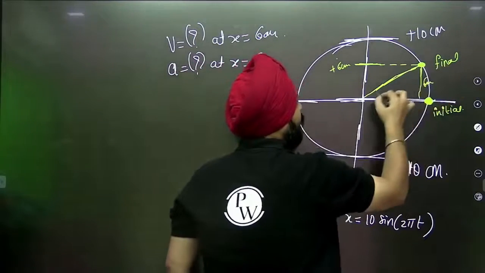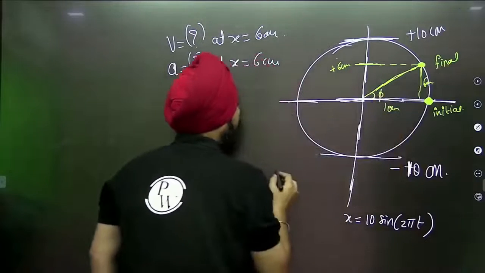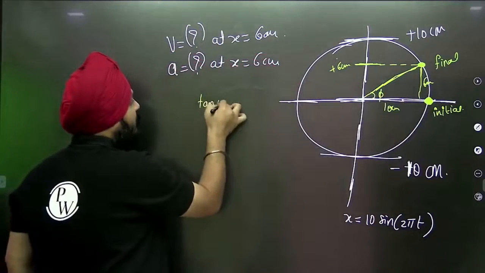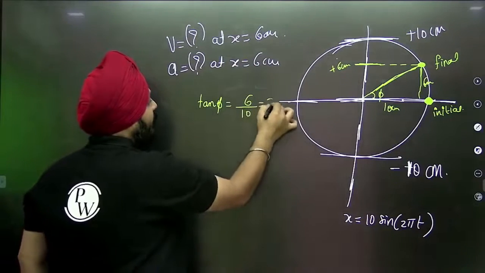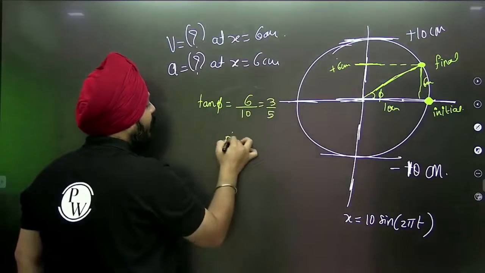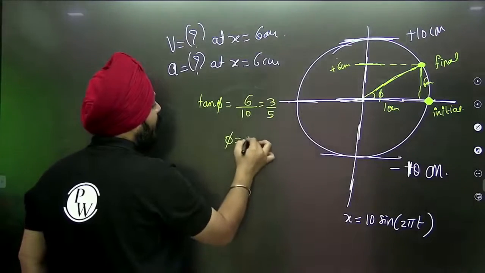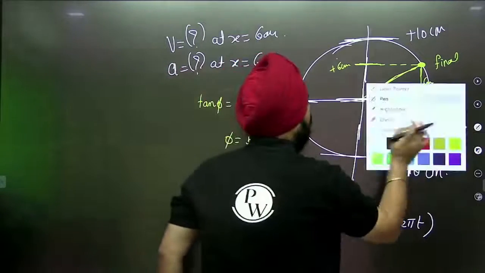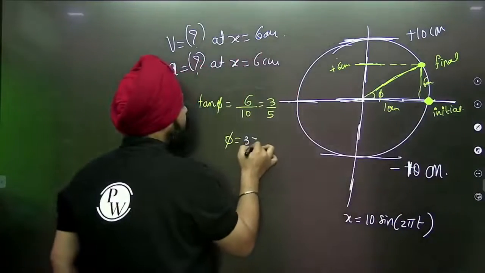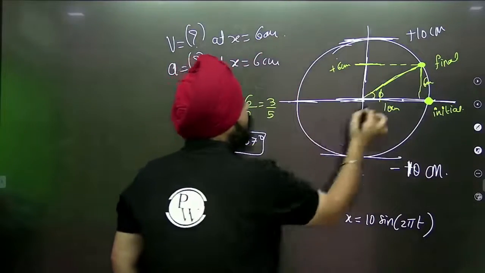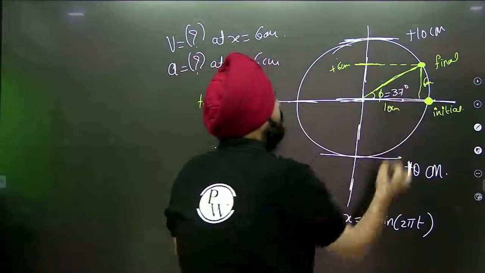This is 6. What will be this angle? It will be sine of phi, equivalent to 6 by 10, so that is 3 by 5. Phi is equivalent to 37 degrees. So this angle will be 37 degrees.